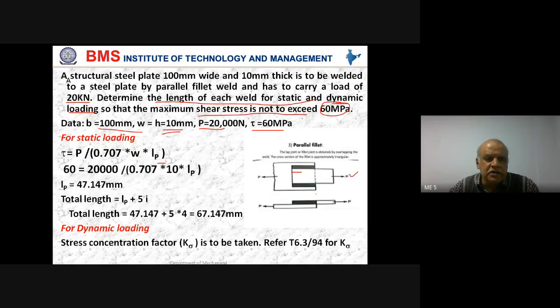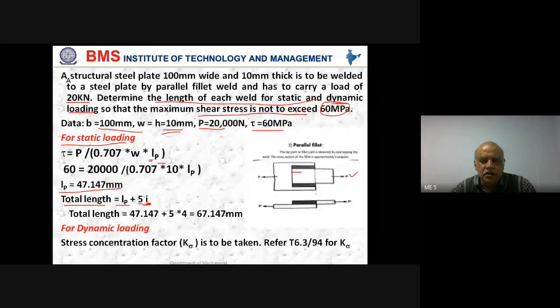So first let's look at static loading. Shear stress is given by P by 0.707 W into length of parallel fillet weld. So substituting, we are going to get the length of parallel fillet weld. After simplification, we get this. Then the total length of the weld will be the length of parallel fillet weld plus 5 mm times the number of free sides.